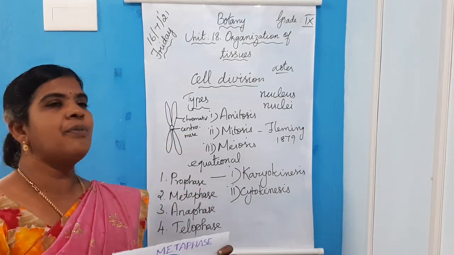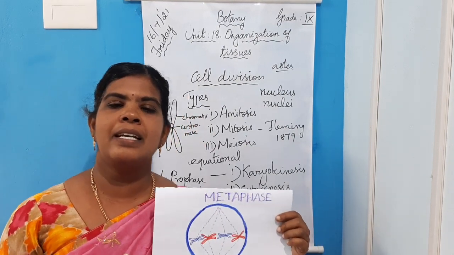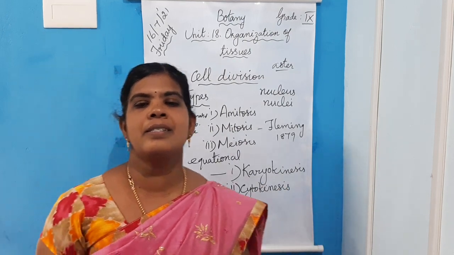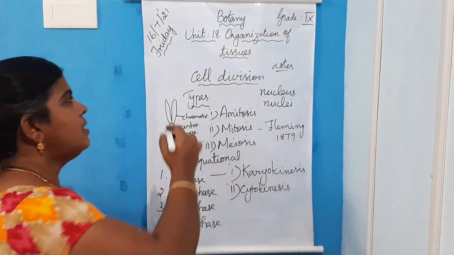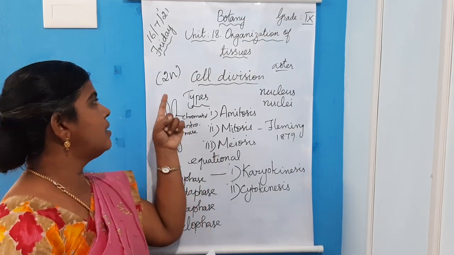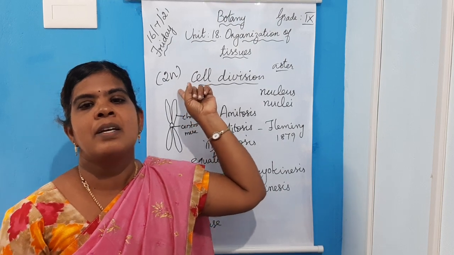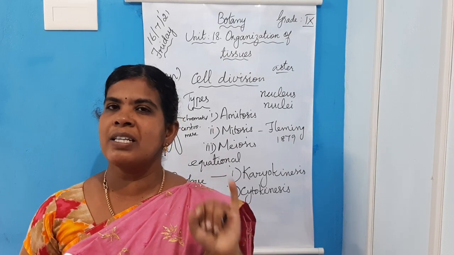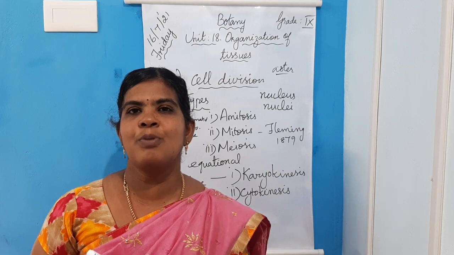Now, the significance of mitosis. It's an equatorial division. So, it results in the production of diploid daughter cells. What we used to say is 2n, the diploid number of chromosomes. So, equatorial division results in the formation of diploid daughter cells with equal distribution of DNA.